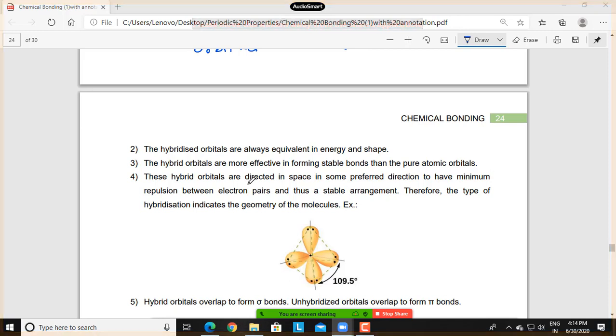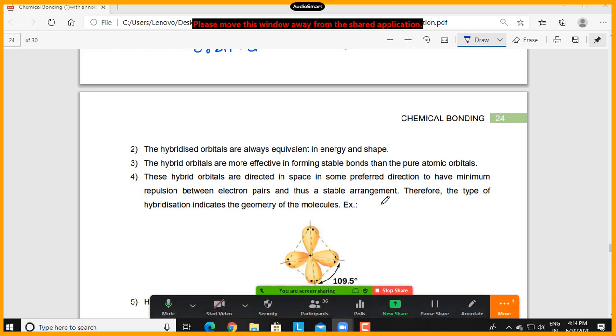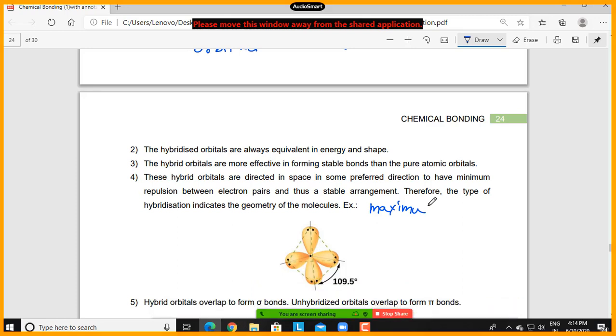Next, the hybrid orbitals are directed in space in some preferred direction to have minimum repulsion between the electron pairs. So they will stay in space so as to get maximum stability. It wants maximum stability. This is a law of nature. Everybody wants to be stable.